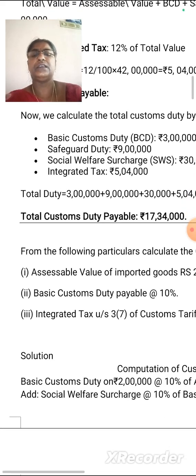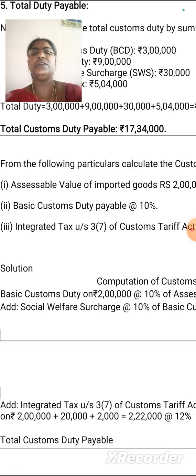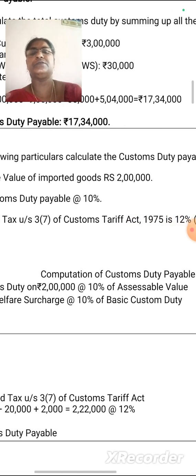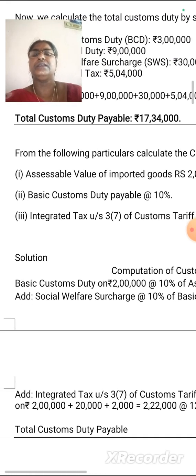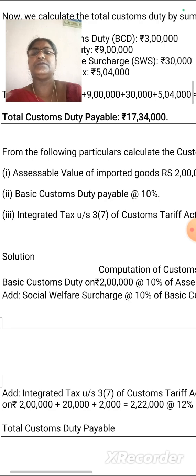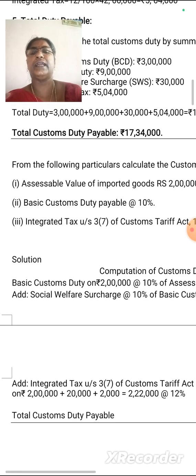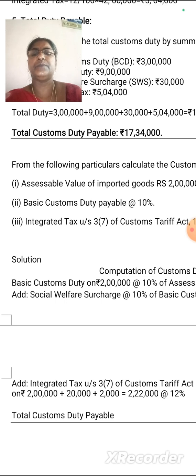Let us see another sum. From the following particulars, calculate the customs duty payable. The first one given is imported goods of rupees 2 lakh, and basic customs duty payable is 10 percent. The third one is integrated tax, which is already given. We are going to follow the same thing as the last sum.